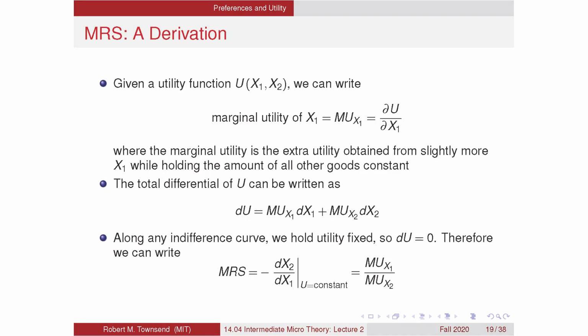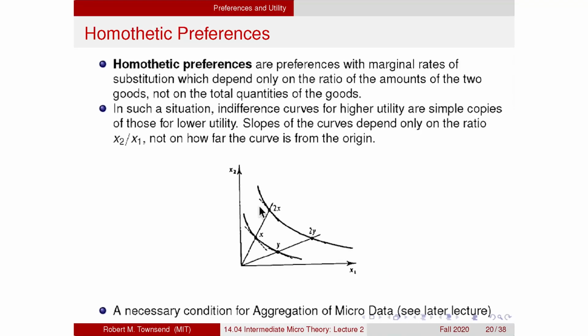A little more technical derivation of the marginal rate of substitution, and something about homothetic preferences, where the slope of the indifference curves is determined entirely by the ratio of the 2 goods. We kept coming back to this picture in different ways. In the next lecture, in fact, there's something about Engel curves and necessities and Giffen goods and so on.